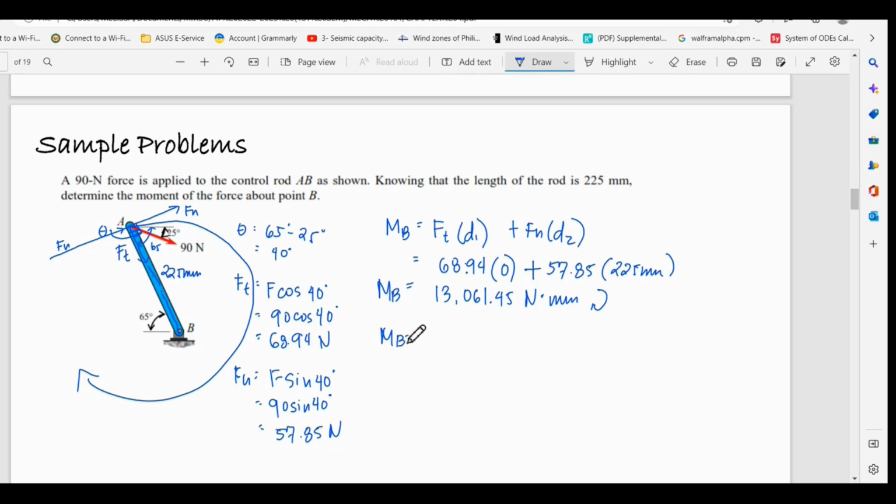Or pwede rin na 13.061 Newton dot meter. Okay, so this will be our final answer.